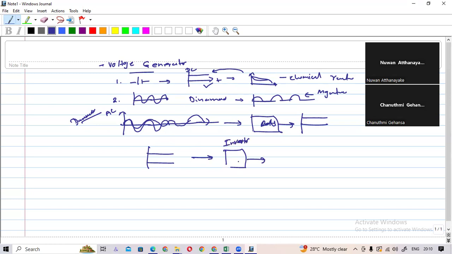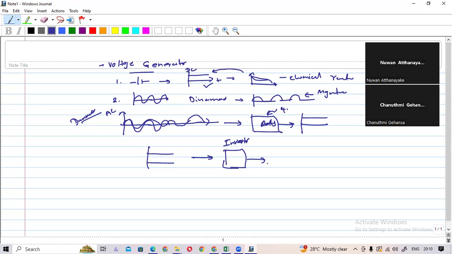An inverter can be made with transistors and diodes. As I can remember, 2 transistors and 4 diodes, I'm not sure. A rectifier you can construct using a diode bridge and also regulator circuits.